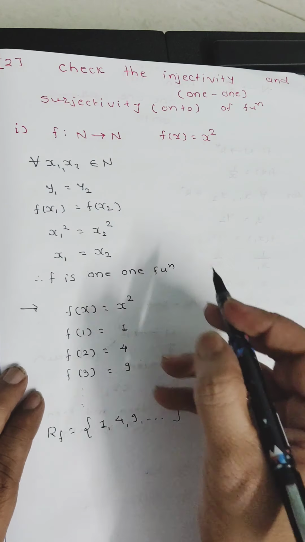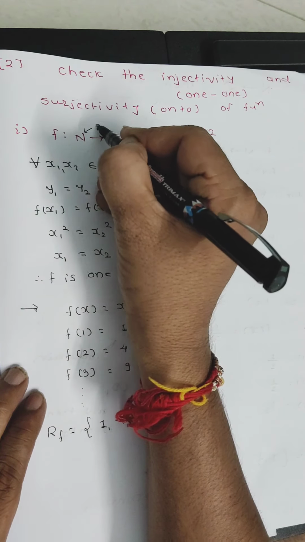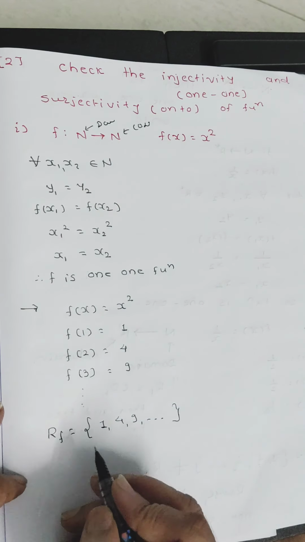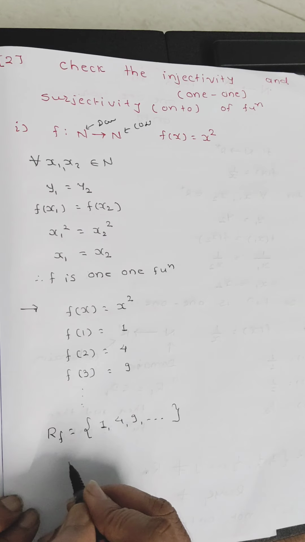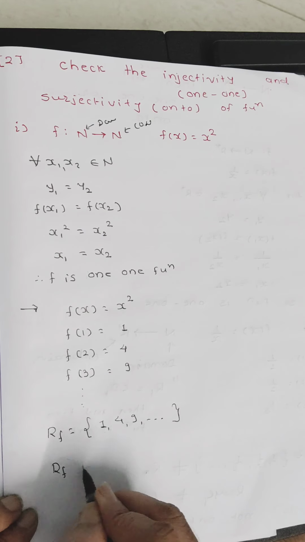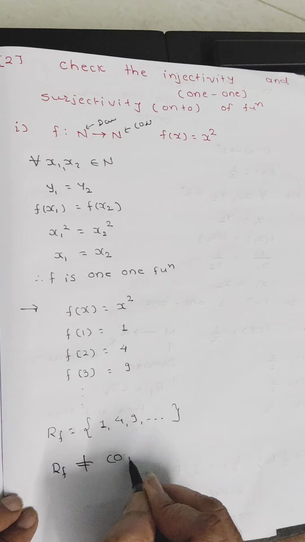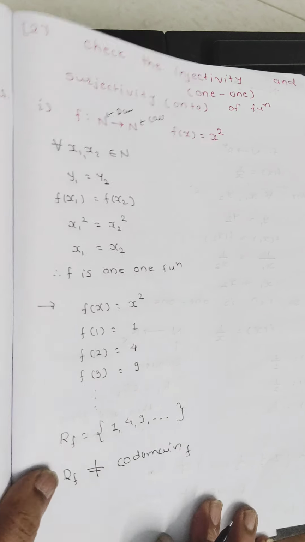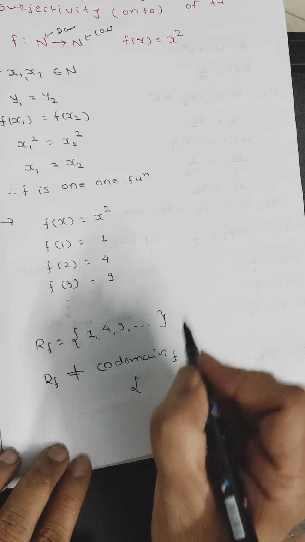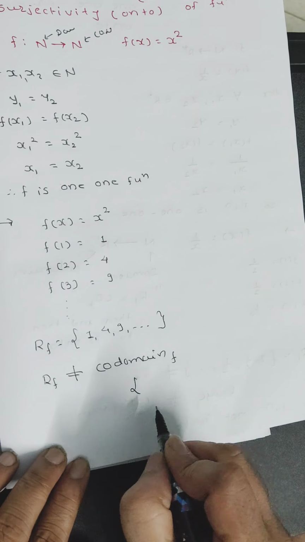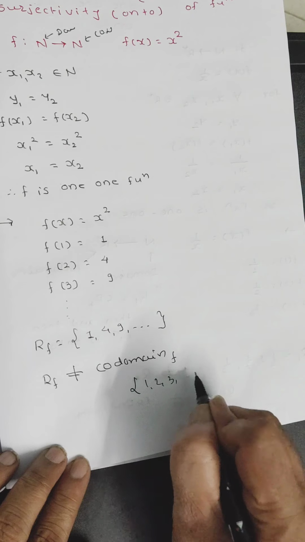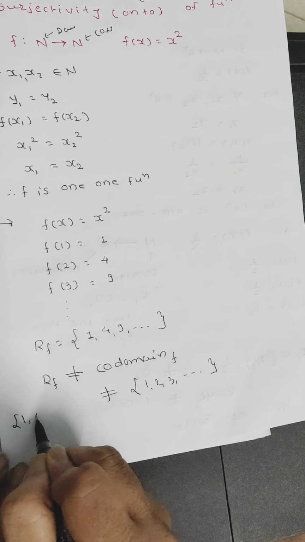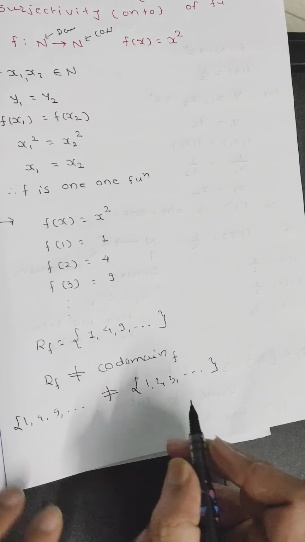Here this is the domain and this is the codomain. So the range of the function is not equal to the codomain of the function, because what is the codomain? N. N is 1, 2, 3, and so on, and here the range is only 1, 4, 9, and so on.